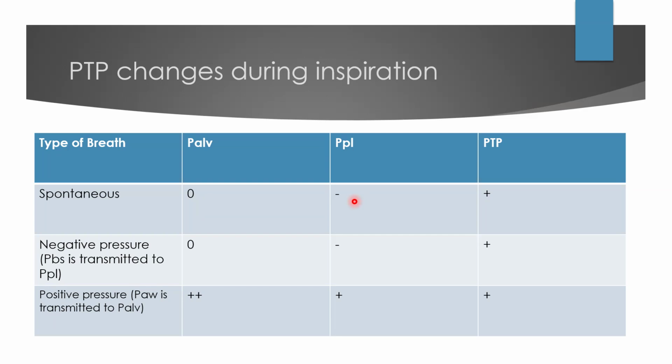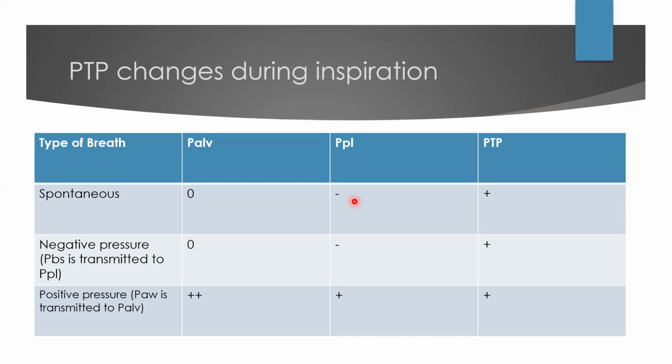Because we have the recoil of the lungs and the chest wall, which are in opposite directions. The lungs have a tendency to recoil inwards, and the chest wall has a tendency to recoil outwards. So these two forces are opposing each other and pulling at each other, but it is at equilibrium. So we have a negative pressure existing inside the pleura at rest.